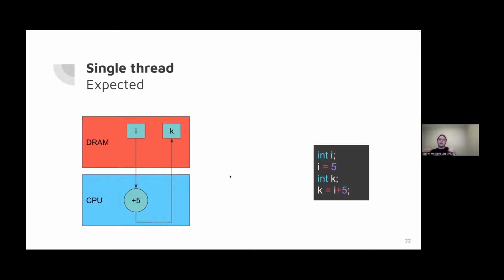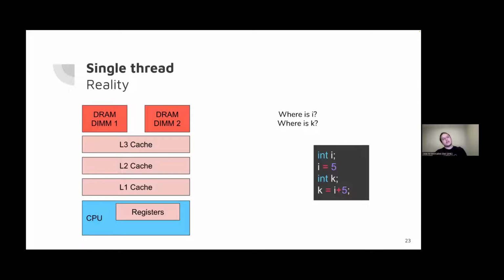As programmers, what we are expecting to see is that there is a memory location in DRAM that is called I, and there is a memory location in DRAM that is called K. And by some magic, we are going to get the value of I, put it into the CPU, add 5 to it, and then store that value in K. So in reality, what's happening is that the hardware mechanisms need to have all this complex memory organization and memory orchestration that makes this process on the right a little bit more complex than that.